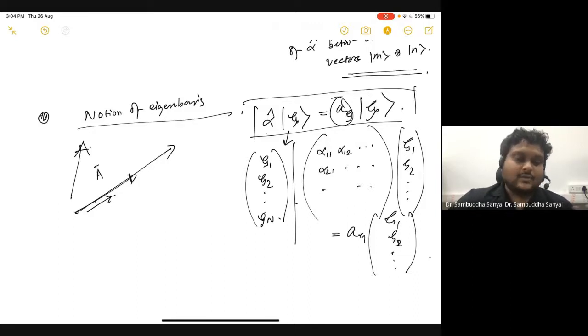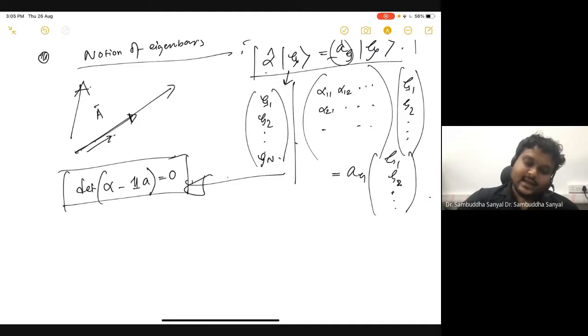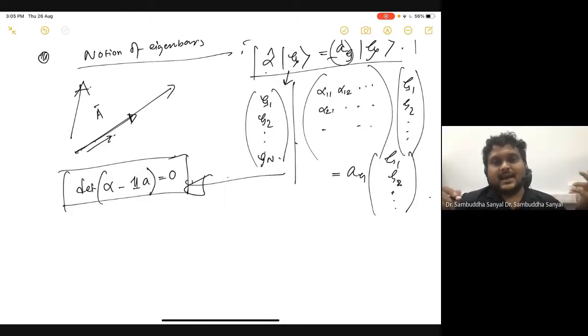And you know how to find these eigenvectors or eigenvalues, right? You basically take the determinant of this alpha matrix minus the identity times A, and solve this. This is an nth order polynomial equation, and you get n roots, and each of these roots is basically one of your eigenvalues.